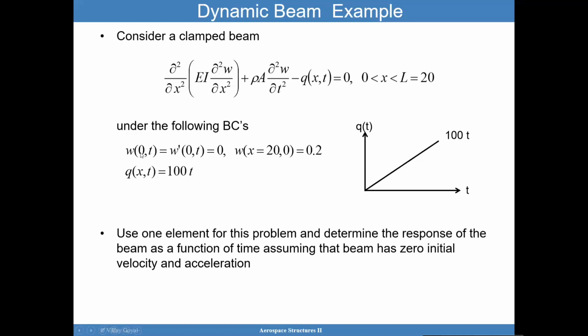I also want to point out that at x equals 0, which is where the clamped condition is, the deflection and the slope are 0, and that's true at any point in time. We're going to use a one-element solution to figure out what is going on with the system, and assume that the beam has 0 initial velocity and acceleration.